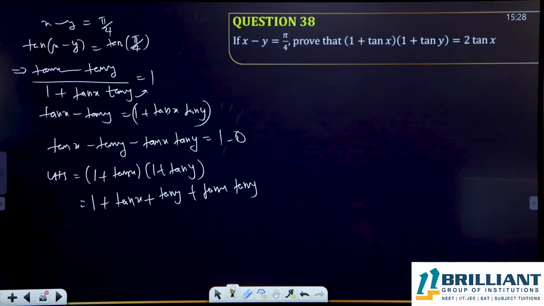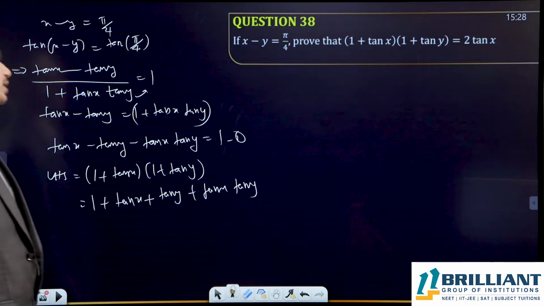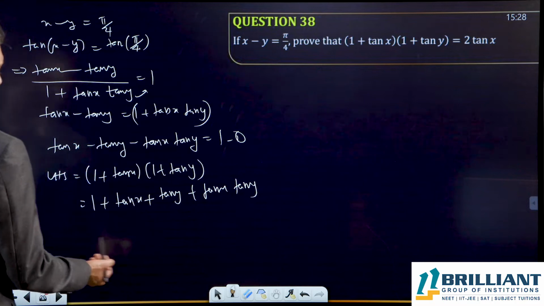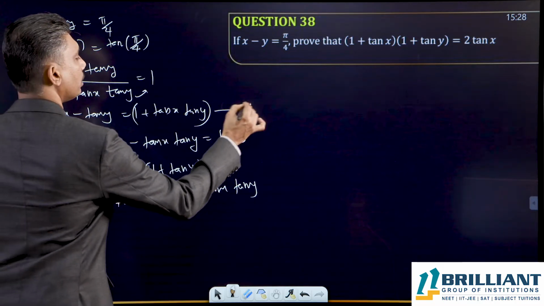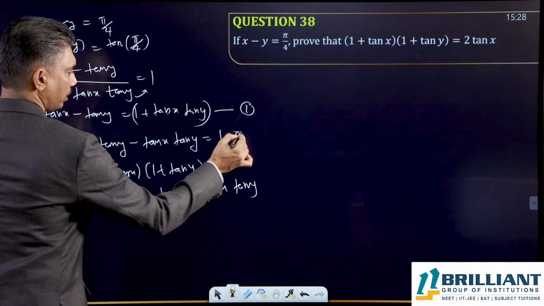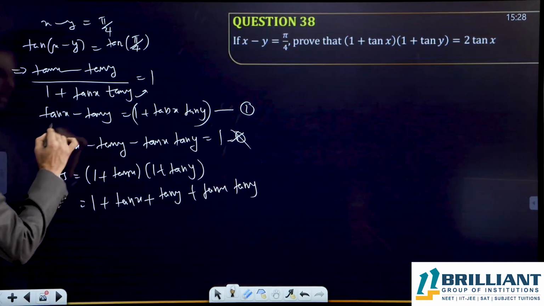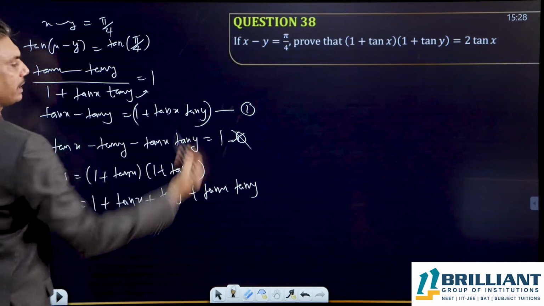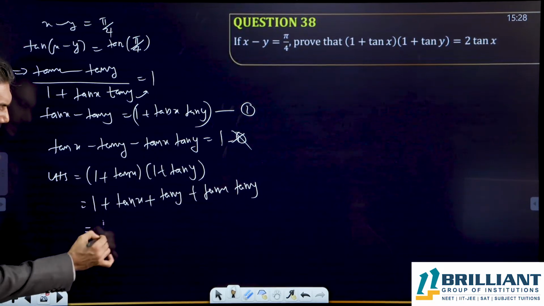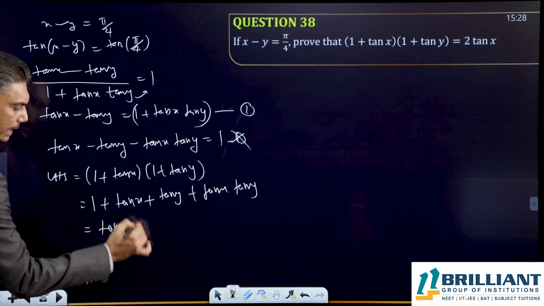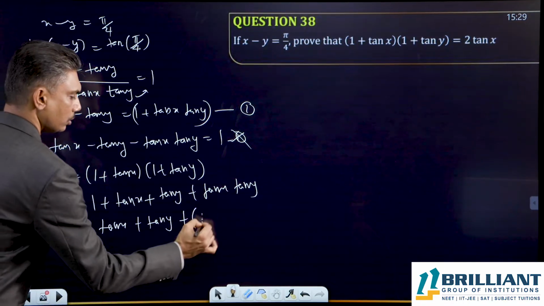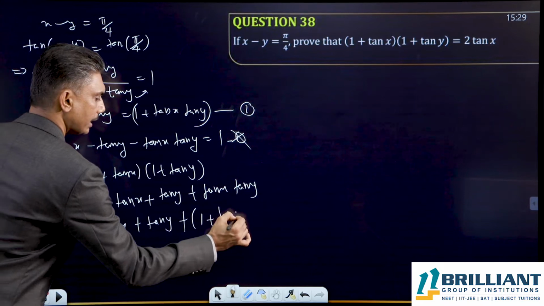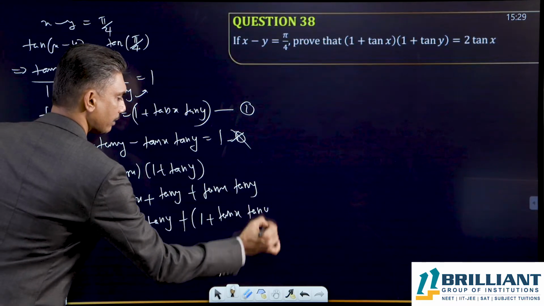Now we need to replace this. I can rewrite it as, you can take this as number 1, and instead of this one you can take tan x minus tan y is equal to 1 plus tan x into tan y. So you can rewrite this as tan x plus tan y plus 1 plus tan x into tan y.